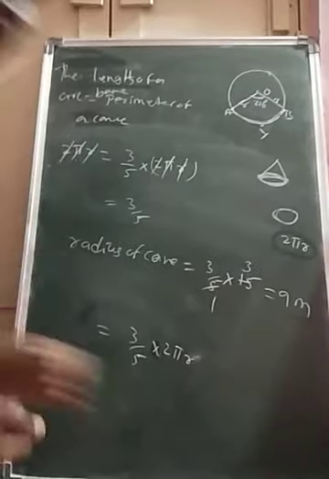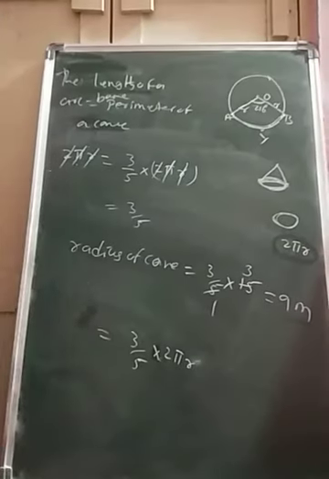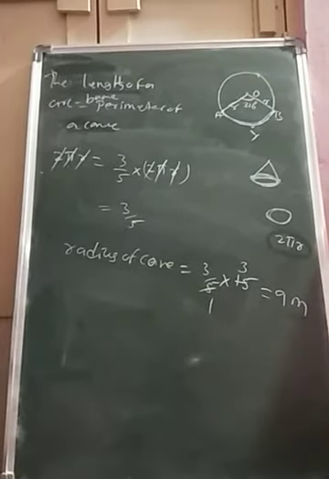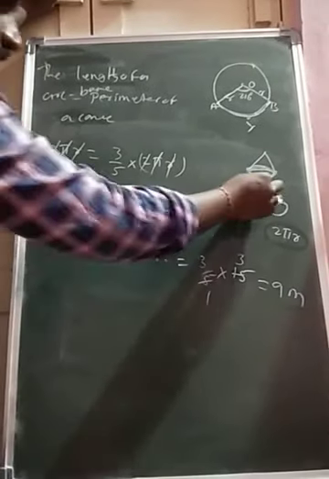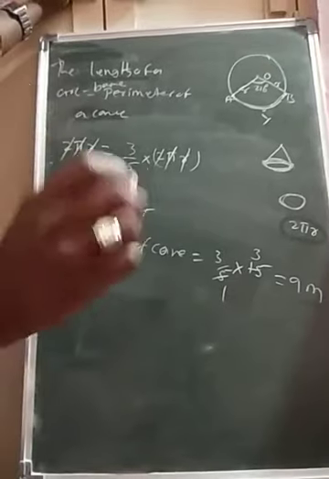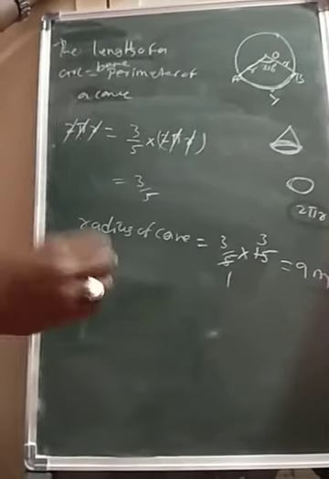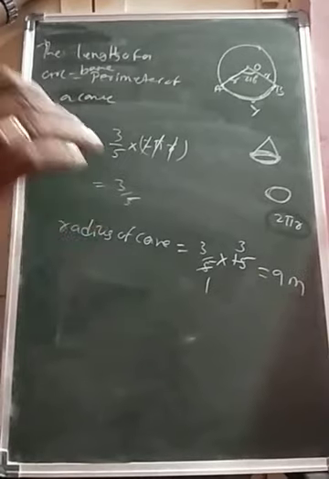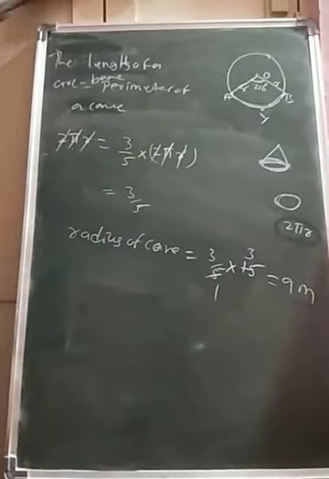Okay, so I want to find the volume. Volume means, first of all I want the volume of a cone, which is equal to 1 by 3 pi r square h. I want h. See clearly, before going to find h, first of all we want to find the slant height.